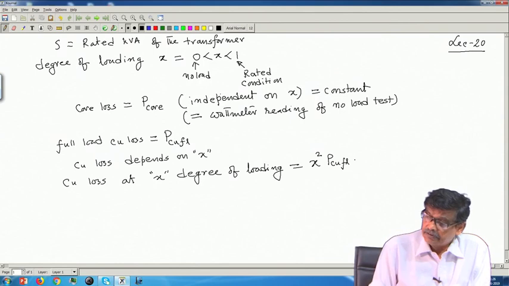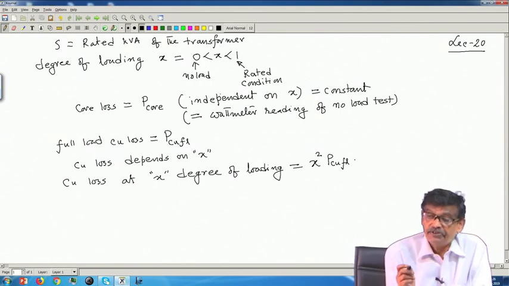So, this must be kept in mind while attempting to calculate the efficiency of a transformer.